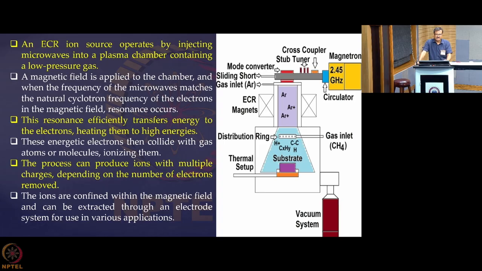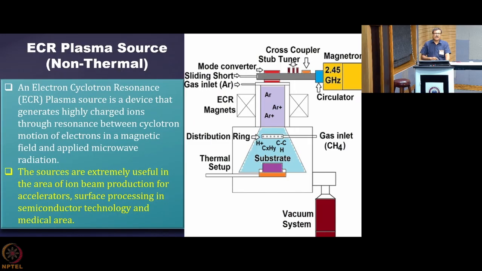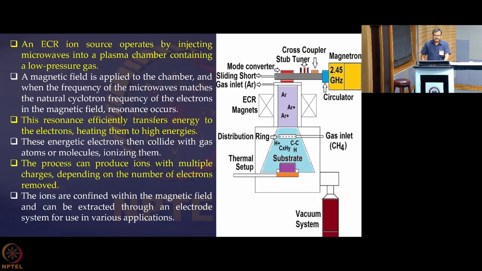The cyclotron motion happens and the resonance occurs because you have chosen the magnetic field in such a way that it matches with the microwave frequency 2.45 gigahertz, and that's how the energy is getting coupled into the system in a resonant manner. So this is how the ECR plasma source works.